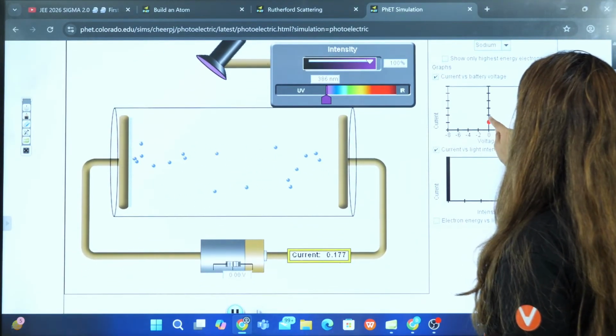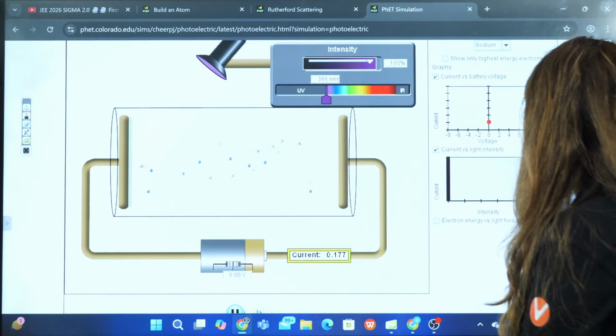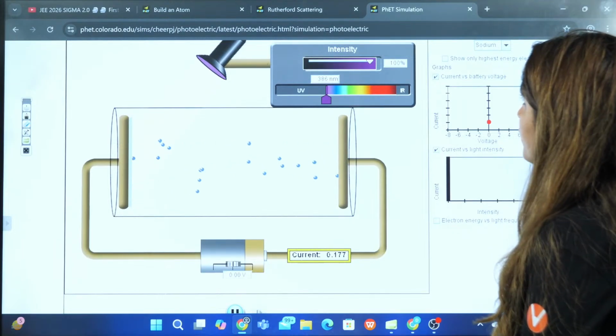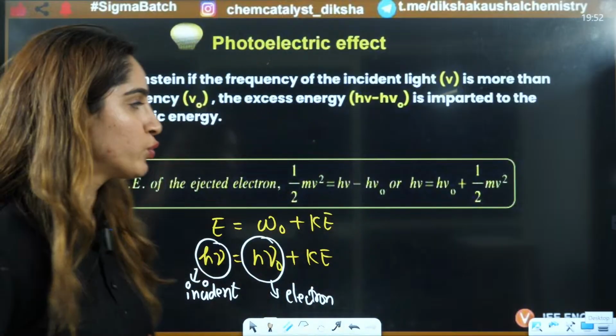Hmm. Current is now fixed at 0.77. I wish I could change that. I don't know how to change it here. So no issues, I'll tell you verbally what you have to do here, right?